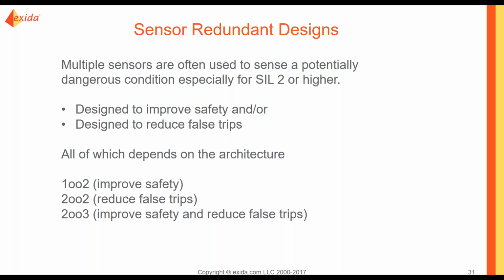Or the design intent may be to reduce false trips using a 2 out of 2 voting for 2 sensors in the logic solver. 3 sensors using a 2 out of 3 voting in the logic solver can provide protection against false trips and improve the safety. So if you are able to, normally a 2 out of 3 design would improve safety and reduce false trips the best.